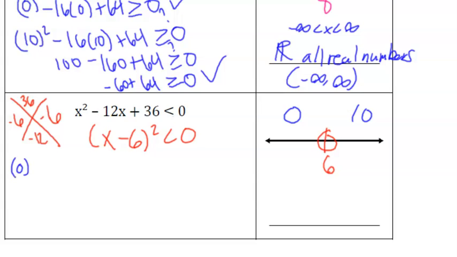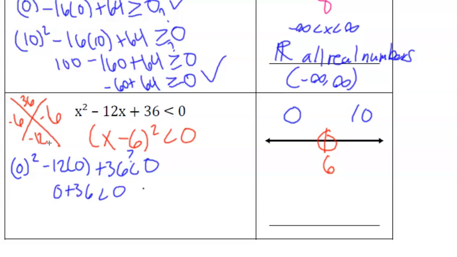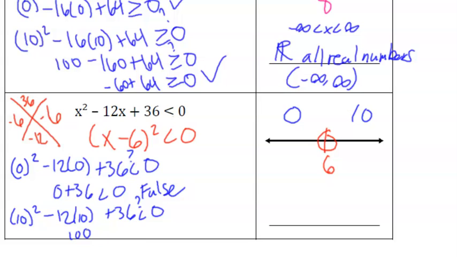Okay, let's try 0. So is 0 plus 36 less than 0? False. So don't shade it in. And let's try 10. So we have 100 minus 120 plus 36.